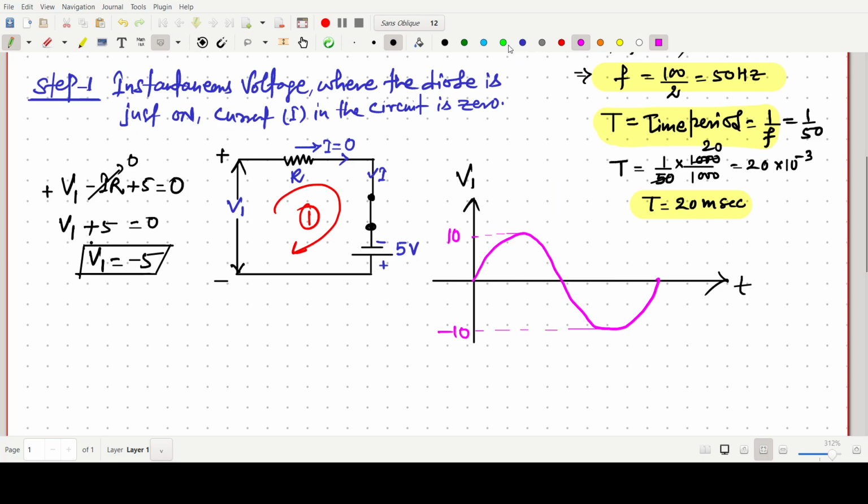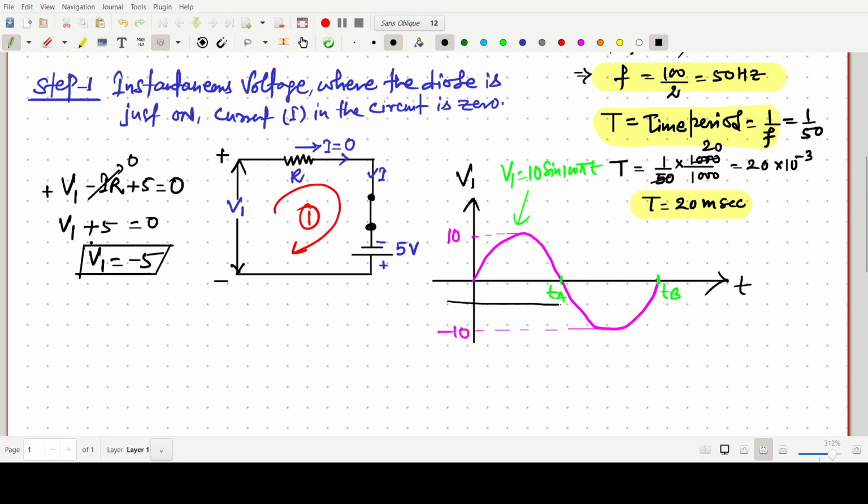This curve is simply V1 equals 10 sine 100 pi t. This point we know, this point also we know, ta and tb, which we have already calculated. Now we have to draw the V1 equals minus 5 line, a line parallel to the x-axis.